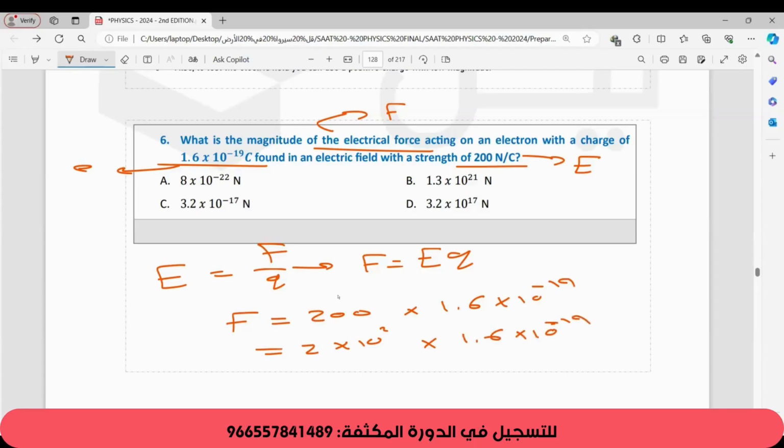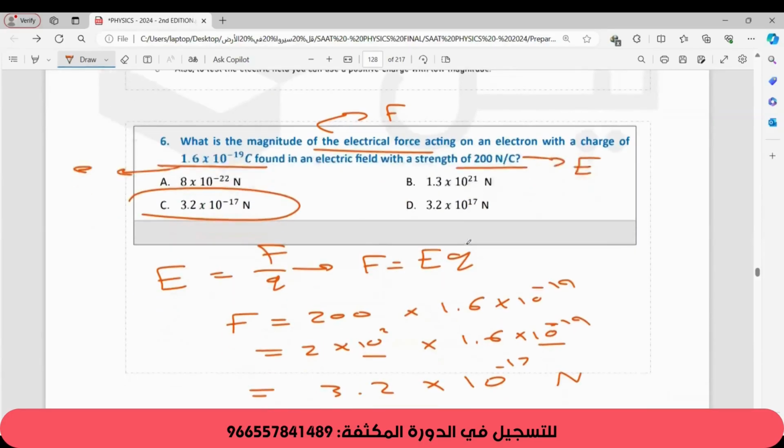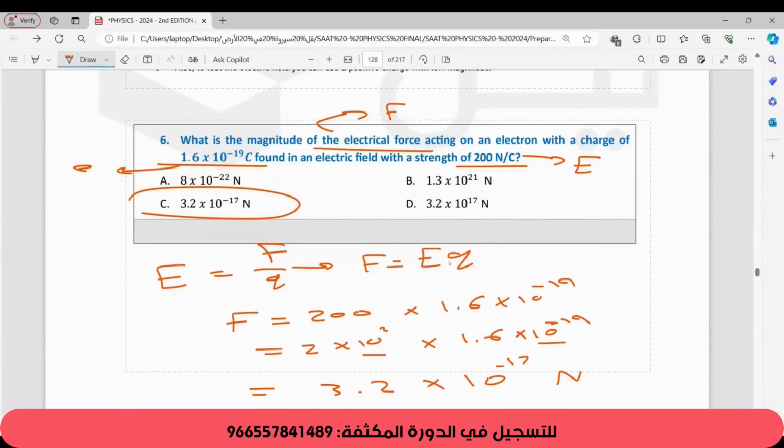So 10s with 10s, and 2 with 1.6. 2 times 1.6 is 3.2, and this will be 10 to the power minus 17 newtons. So the answer, yes, you're right, is C, 3.2 times 10 to the power minus 17, as we have solved. Is it clear, guys? Direct application to find the force.